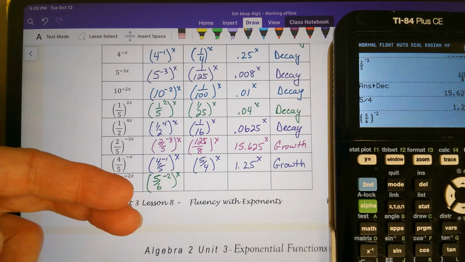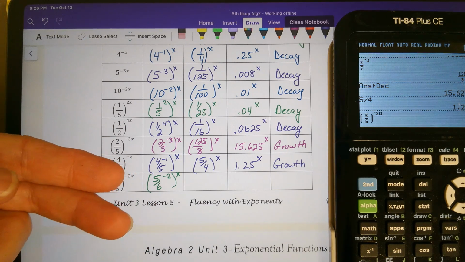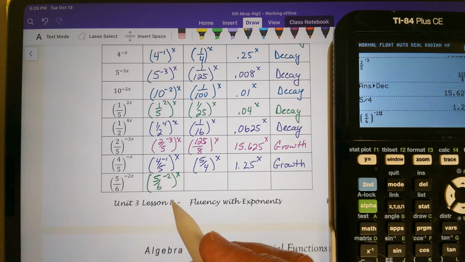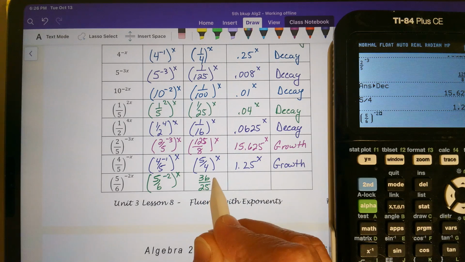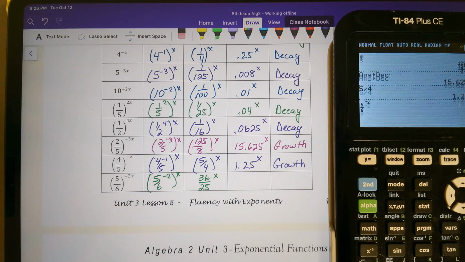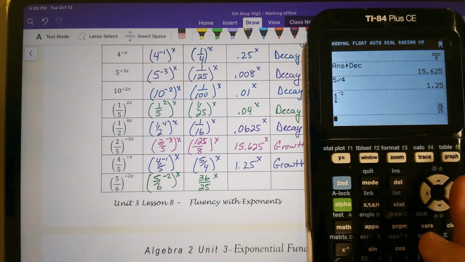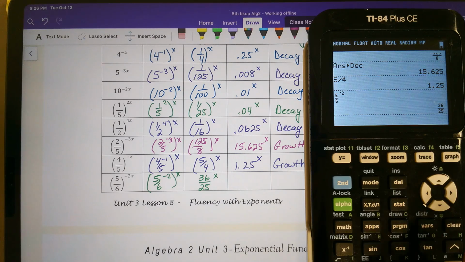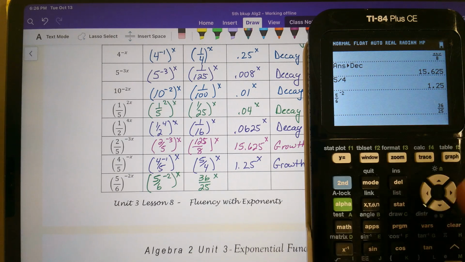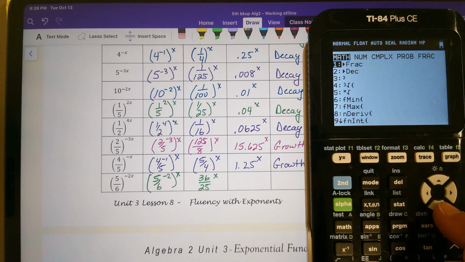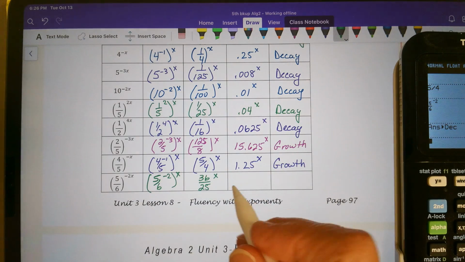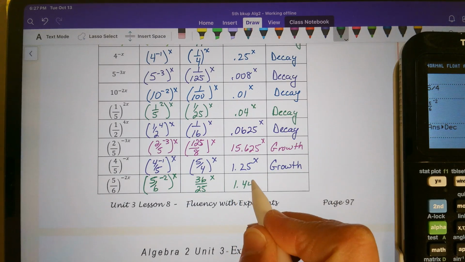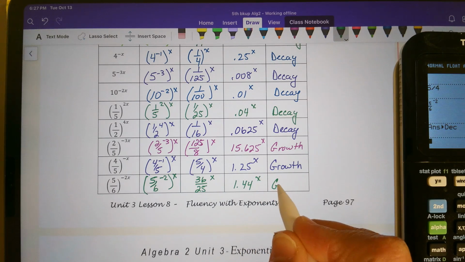To take care of the negative, I flip the fraction, so that 6/5 squared would be 36/25 raised to the x. 36/25 is definitely greater than 1. Have it on there, just hit math, and number 2, that's 1.44 to the x, and this also is growth.